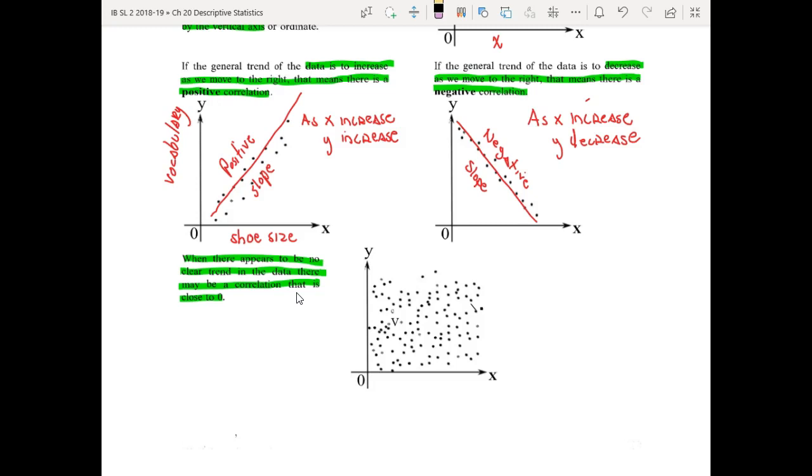Now, we know that shoe size does not cause an increase in vocabulary. So even though there's a positive correlation between the two, that doesn't necessarily mean that one causes the other to occur.